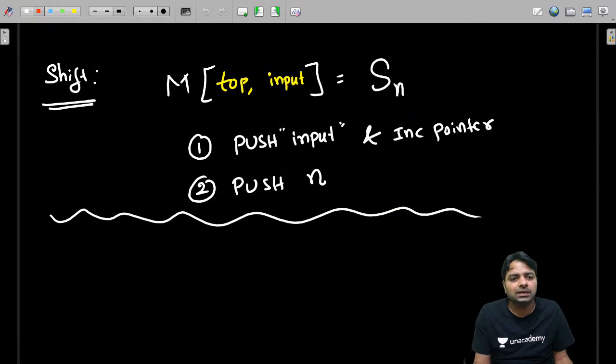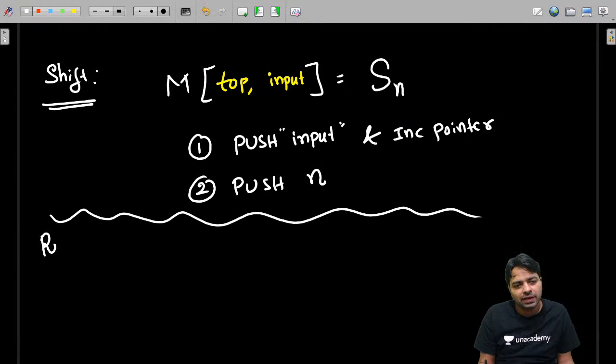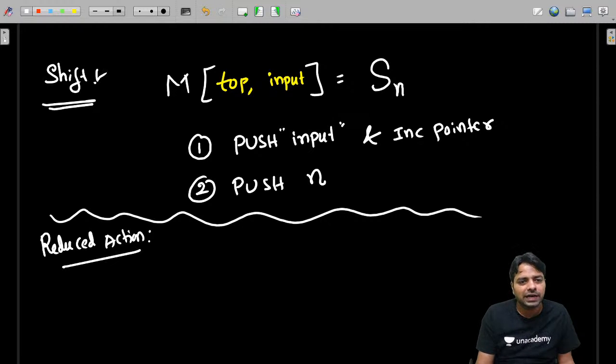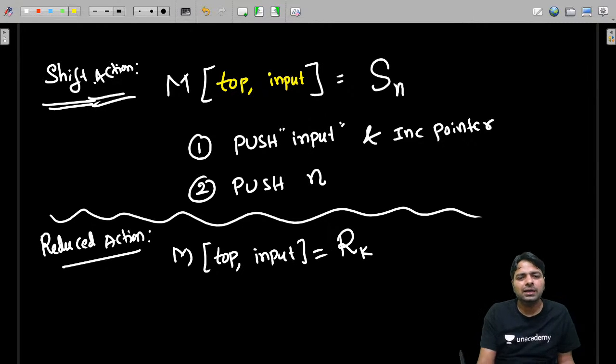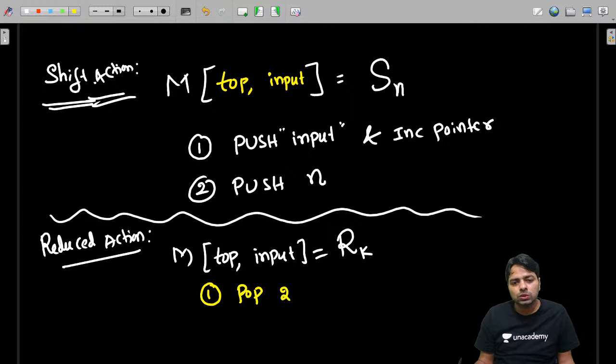So here I'm going to write the reduction process, guys. Whenever you want to perform a reduce action, the shift action is very easy because you don't have much to do. Here it happens: M of top comma input, you will get some Rk. So what do you do? For Rk, the first operation is pop 2 times the RHS of the production.